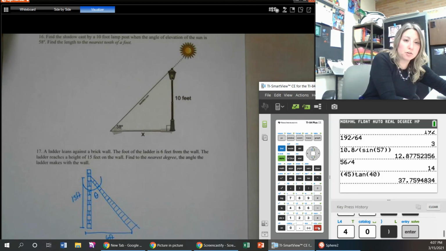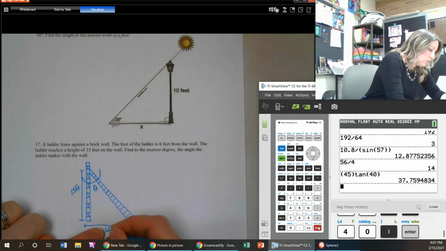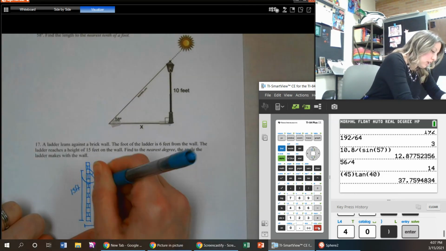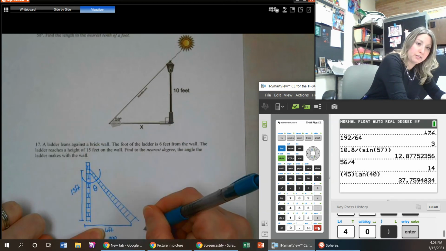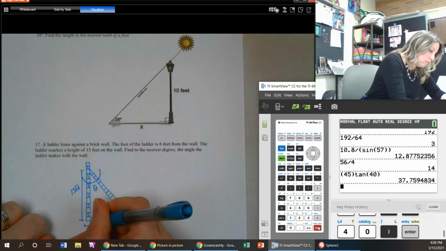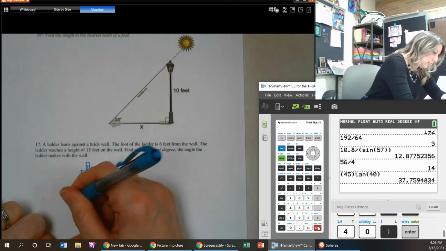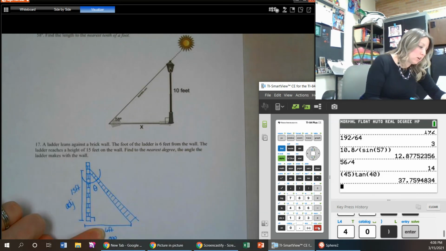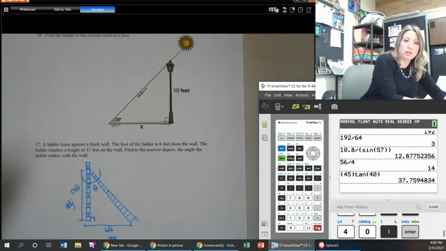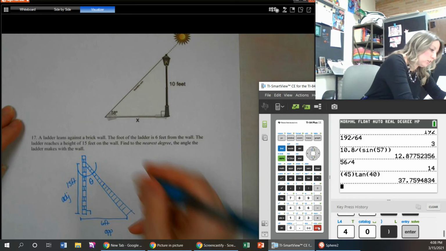So from your theta, we've got your opposite side, and this is your hypotenuse, right? Because this is your right angle. So this is your adjacent side, and which of my trig ratios uses opposite and adjacent? That would be tangent again.